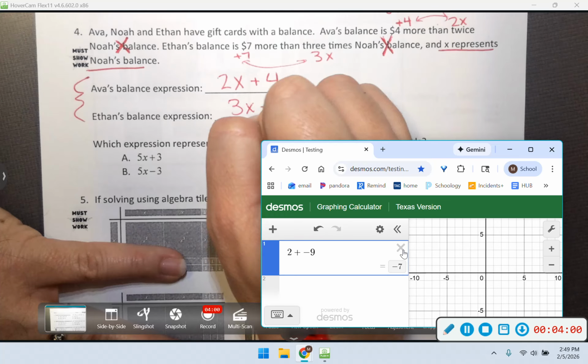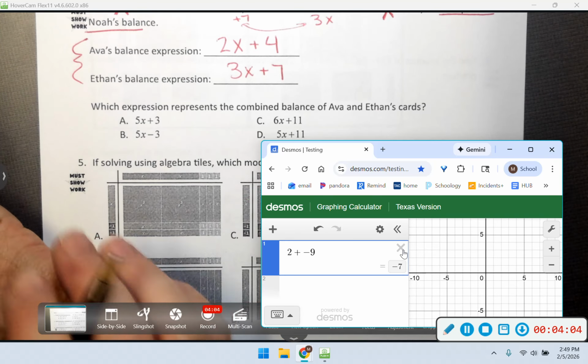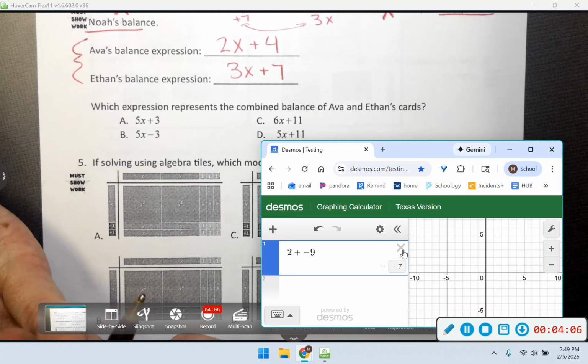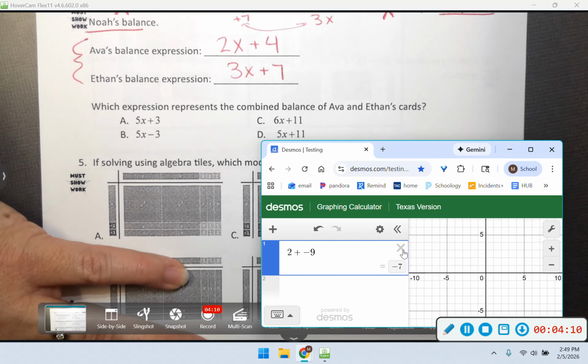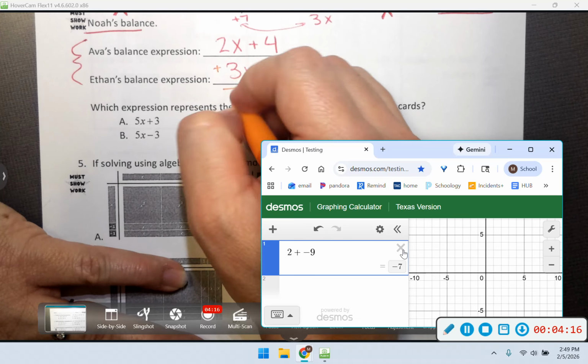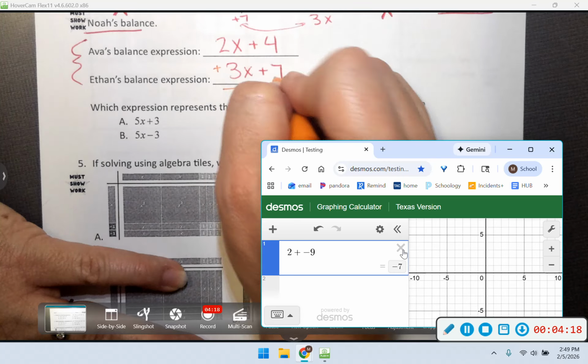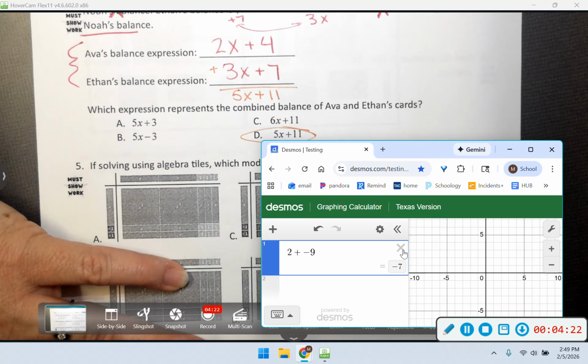So 3x plus 7. And then the final question says, which expression represents the combined balance of Ava and Ethan's cards? So combined means to add. So I'm going to add these two. So 2x plus 3x is 5x. 4 plus 7 is 11. So my answer is D.